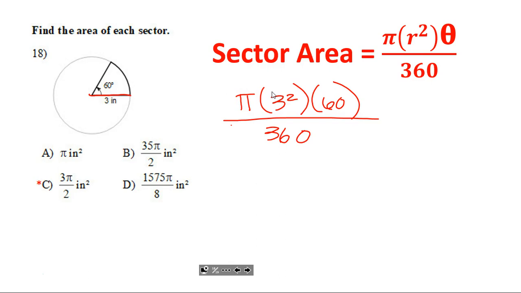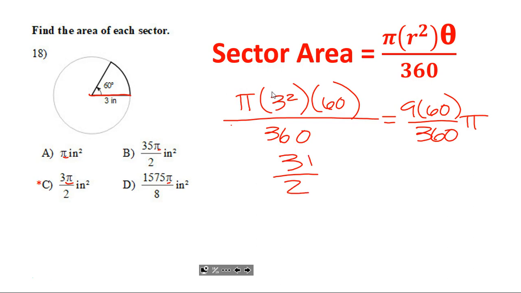So that's going to give us 9 times 60 over 360. The reason I'm saving the pi for the end is because I noticed that pi is in all of these answers. Do y'all see that? So when I do this, I get 3 over 2 pi. And that was this answer right here.